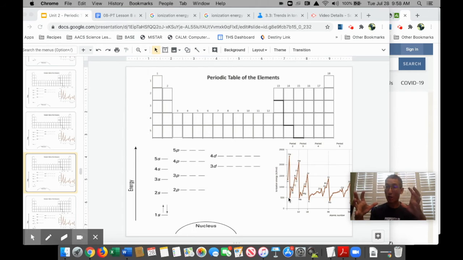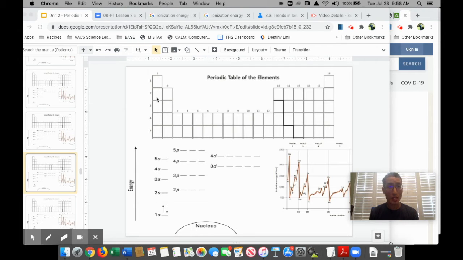So now we're further away. We're in the second energy level, where n equals 2, and as we're further away, it's easier to remove that electron. So now the 1s orbital is filled. We jump now to the 2s orbital, which is a little further away from the nucleus.